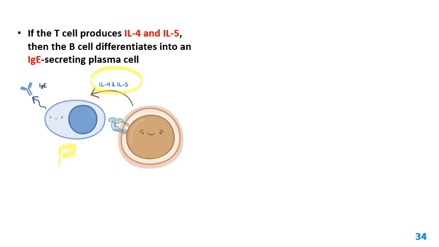Now your B cell is not going to make IgG, because IgG is used against viruses. What your body needs is IgE, which is used against helminthic worms in your intestines, for example. So these cytokines, interleukin-4 and interleukin-5, will train your B cell to make IgE. Isn't that cool? Depending on what your T cell has seen at first, it is going to tell your B cell what kind of antibody to make.